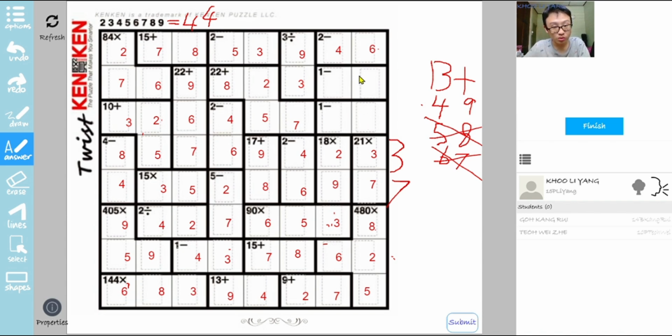The only numbers left in this row are 4 and 5. So 4 will be here and 5 will be here. This row, the only numbers left are 8 and 9.